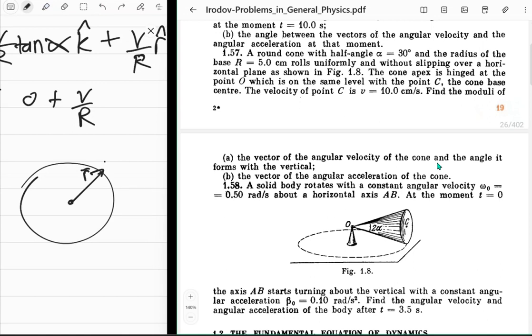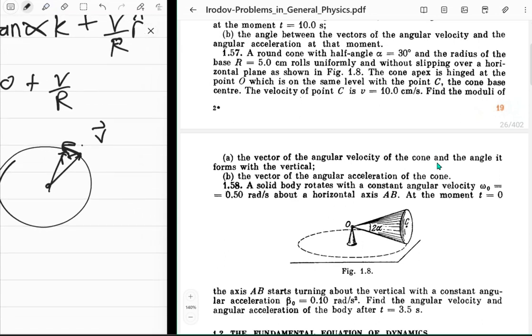Then dr hat is this small vector, and that upon dt is just going to be velocity, but scaled down. So basically it's the velocity vector, but that upon the radius. That should be doing it, I guess.